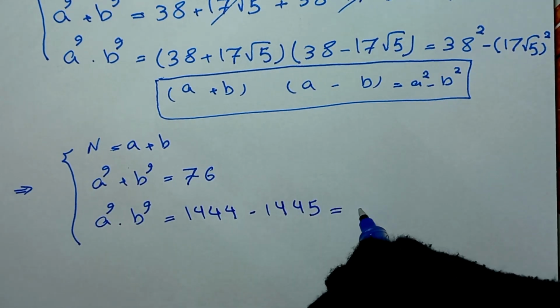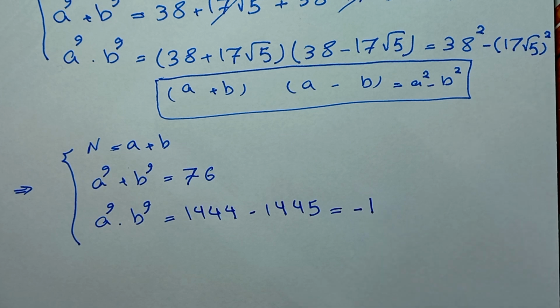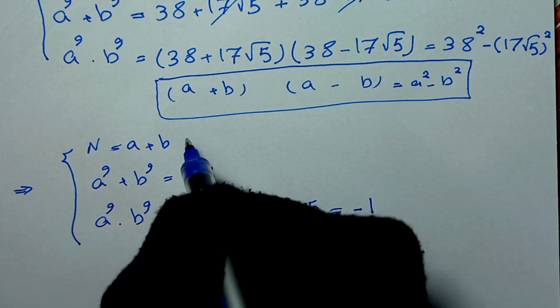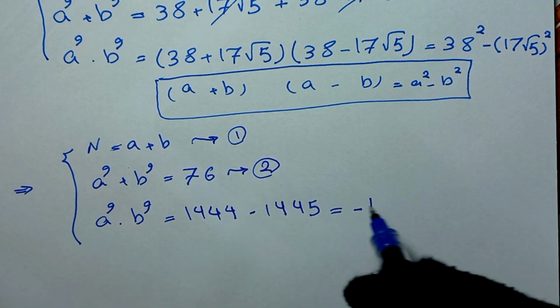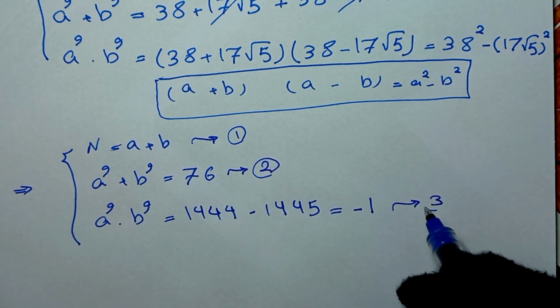And this is equal to negative 1. So we let this as equation 1, this as equation 2, and this as equation 3.